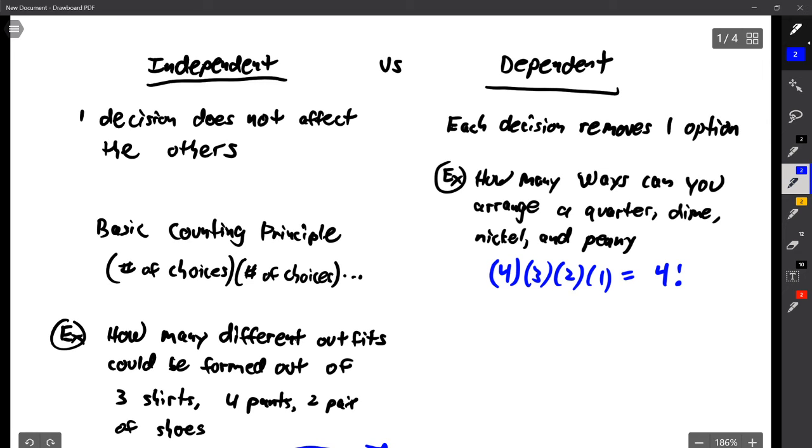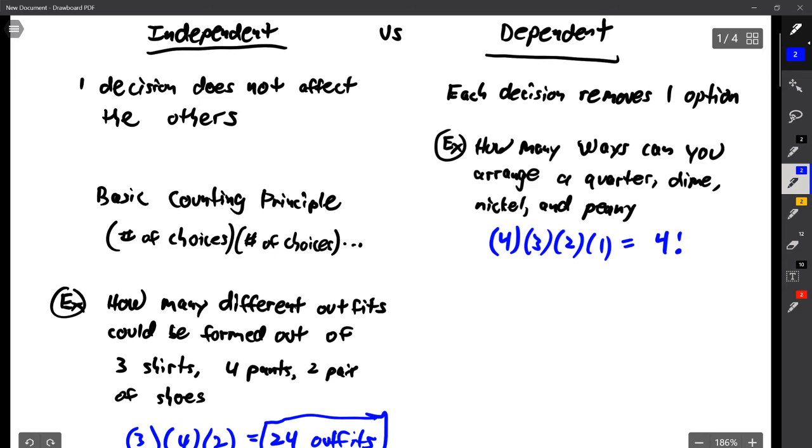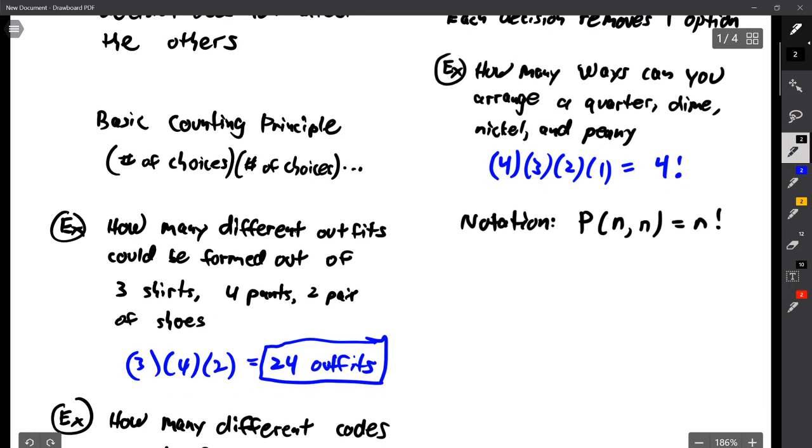So permutations end up being something that uses factorial. And we can notate it like this. Notation: the number of permutations of n items taken n at a time is just n factorial.